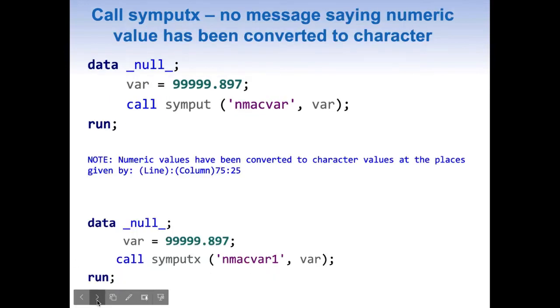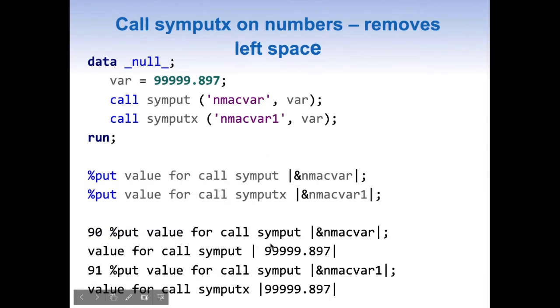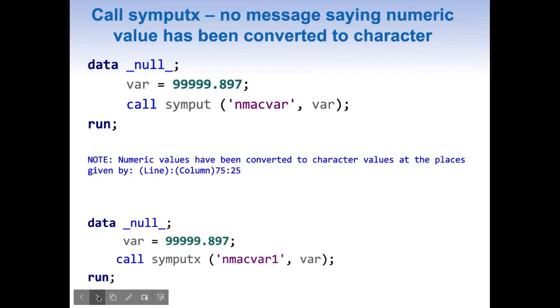Now let us quickly look into the differences between call Symputx and call symput. One of the major differences we have seen is that with call symput, whenever we create a macro variable from a numeric variable, we have left space. For call symputx, we do not have left space.